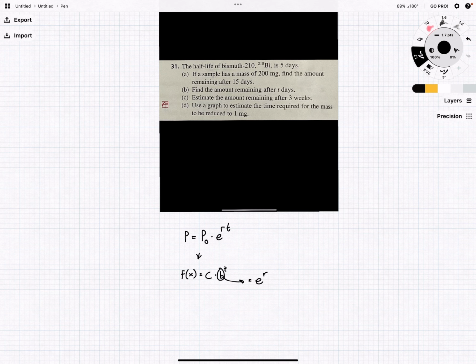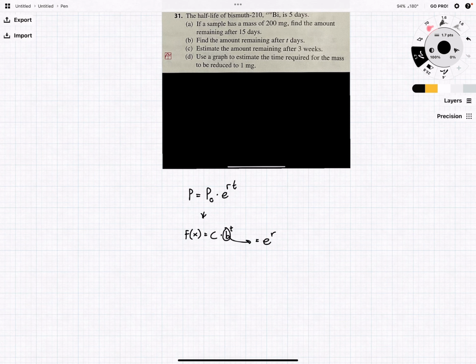So all you're really doing is manipulating the function a little bit so that you have continuous growth or continuous decay. In this case, with decay, something's always decaying or always growing. There are no slight intervals or anything like that. It just makes everything a little bit smoother. I like to work with e to the r as opposed to just b to the t.